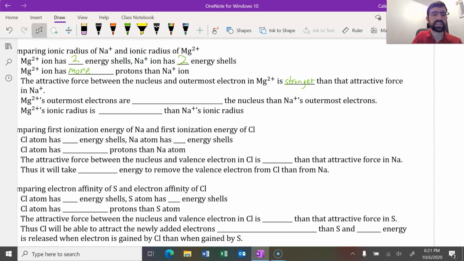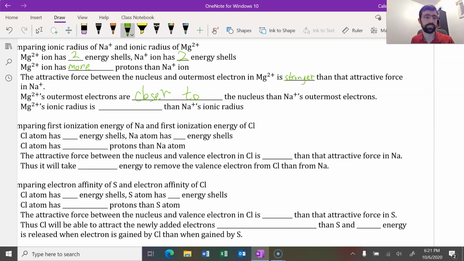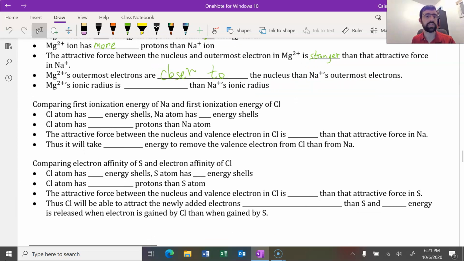So Mg2 plus's outermost electrons are closer to the nucleus because they're more attracted to the nucleus. They are pulled in closer to the nucleus than Na plus's outermost electrons. So the magnesium ion's ionic radius is smaller than sodium plus's ionic radius.